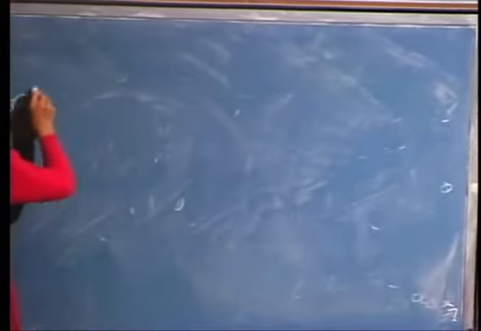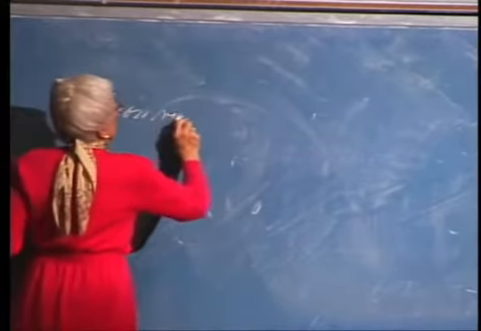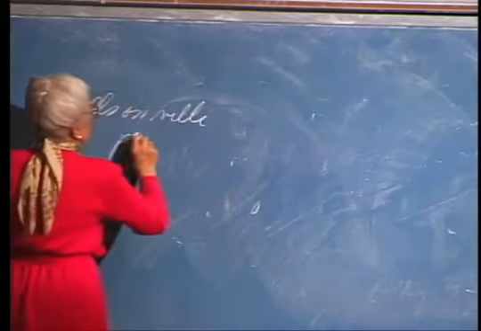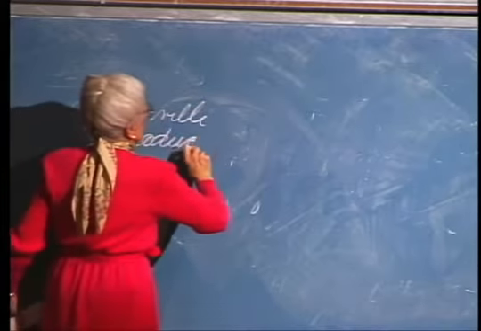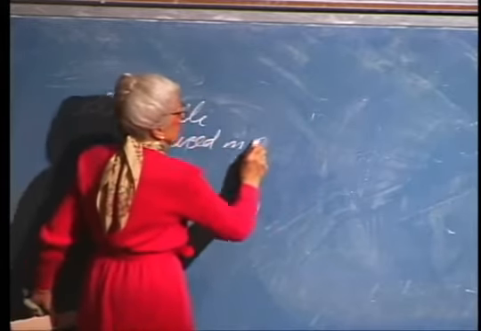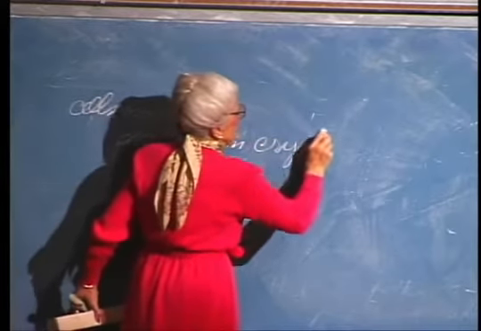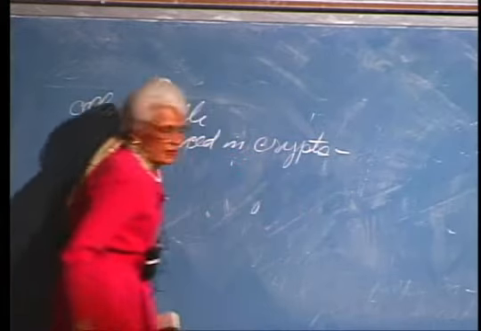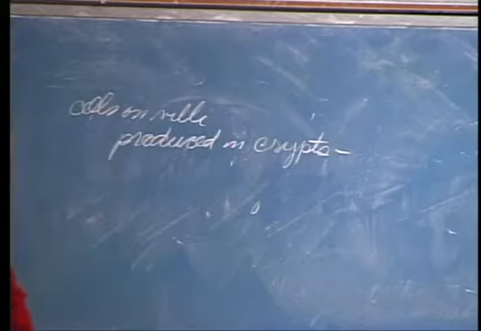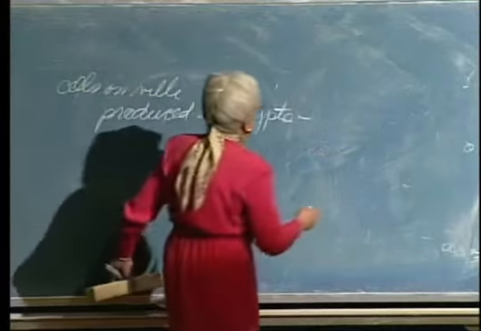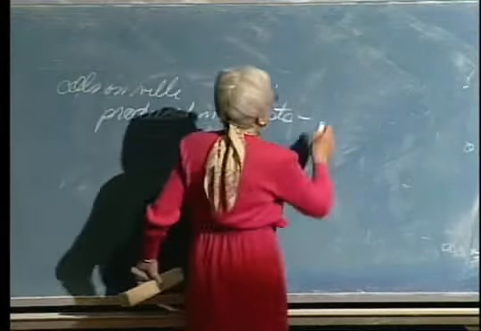Sort of like a conveyor belt being produced in the crypts. And they're produced at the rate of about 3 or 4 days. They're renewed.